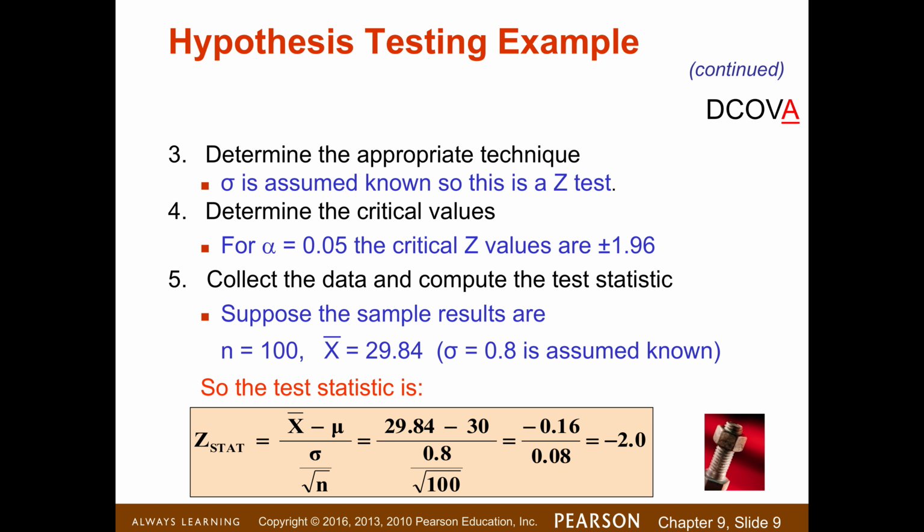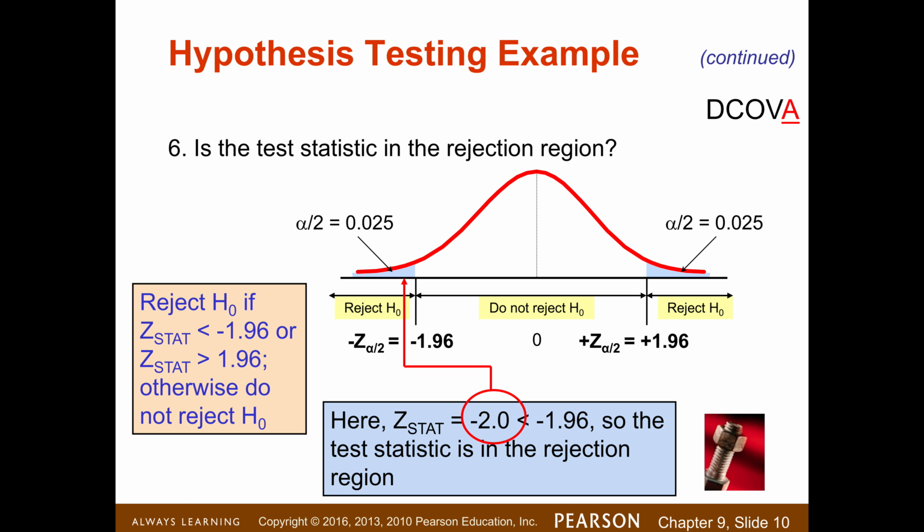This tells us that our sample data is 2 standard errors below the value that is hypothesized in the null hypothesis, in this case, 30. So is the test statistic in the rejection region? Well, you can see the rejection region is defined by negative 1.96 and positive 1.96.